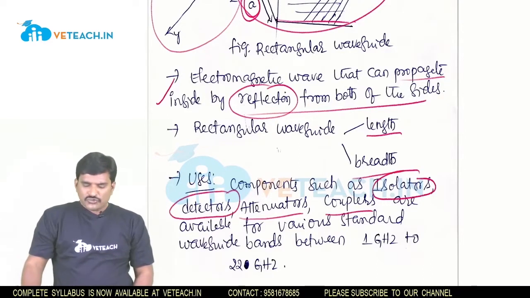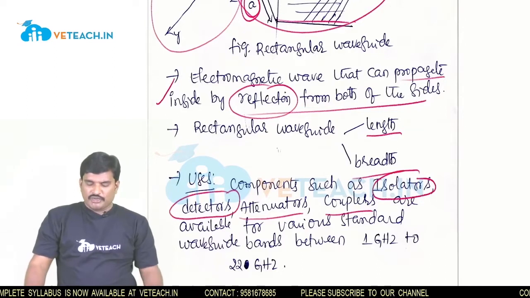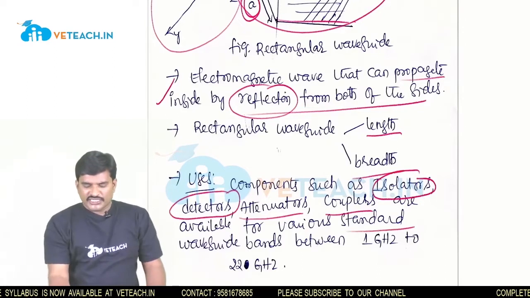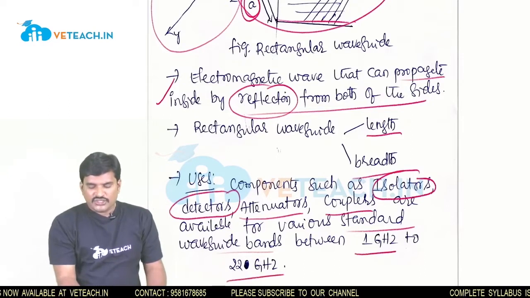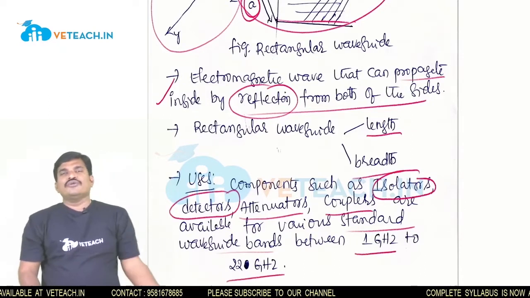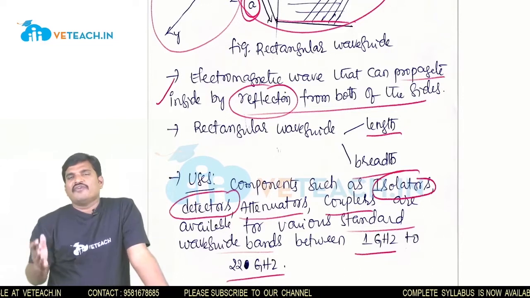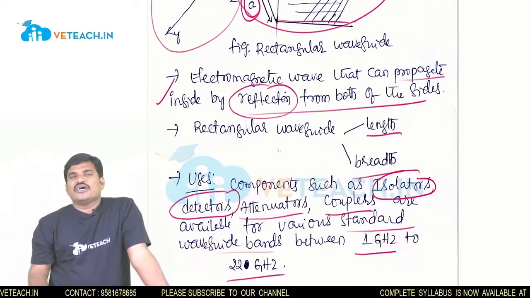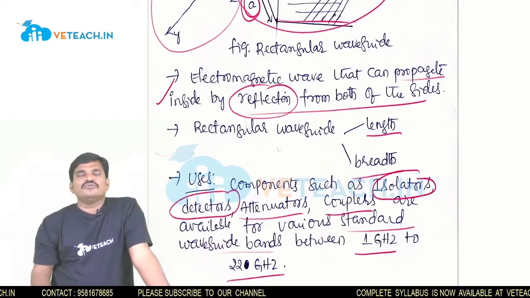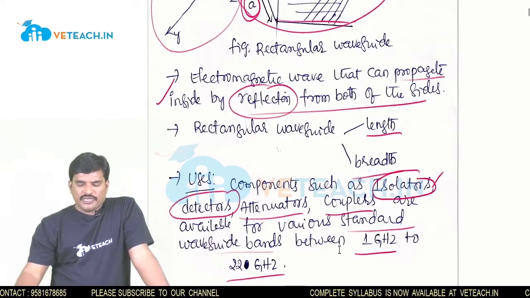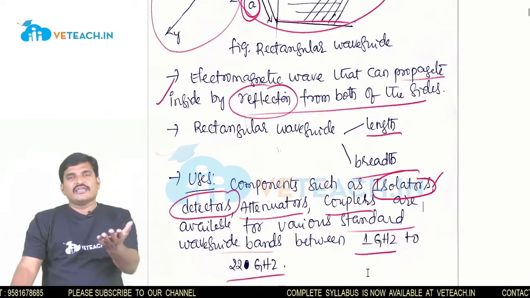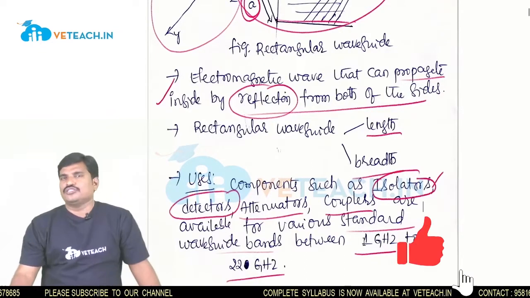Isolators, detectors, attenuators and couplers are available in various standard waveguide bands from 1 gigahertz to almost 22 gigahertz. So the waveguide applications are in the range of 1 GHz to 22 GHz. There are huge applications like isolators, because this is the best way to accept that electromagnetic energy.